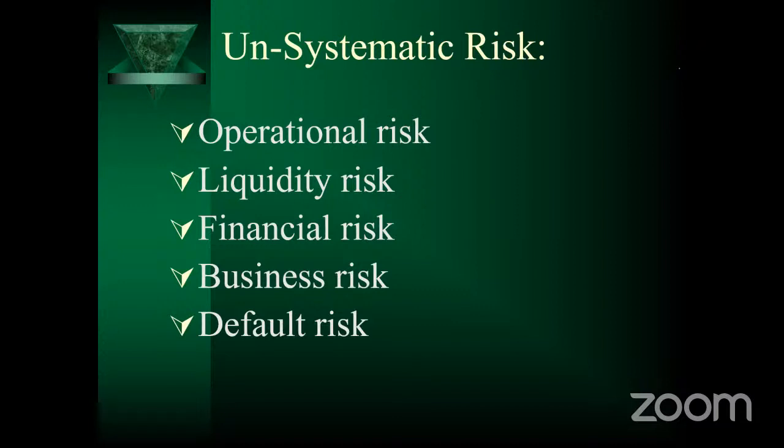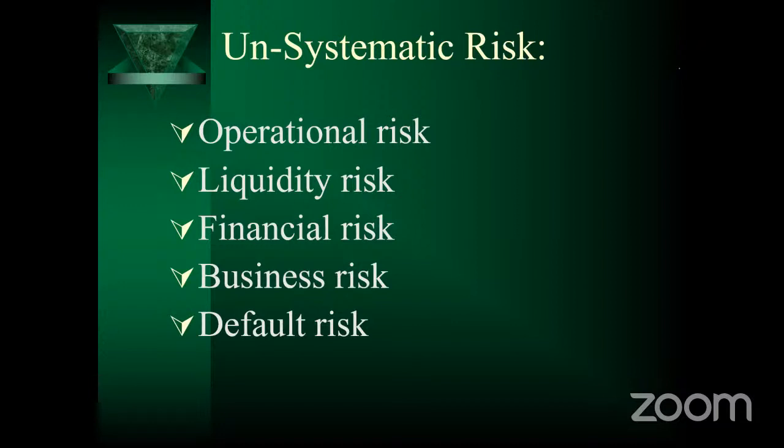Because of the risk; you are incapable of taking the financial decisions of the firm. Again, business risk is also there. Business risk means there are some risks which are associated with the business. Because of that risk, there may be variability of return. Again, default risk is there. Whenever you take a loan from the market, you have committed to repay after a specified period of time. But if you are unable to pay, definitely you will be treated as a defaulter. Why are you known as a defaulter? Because of some sort of default risk.